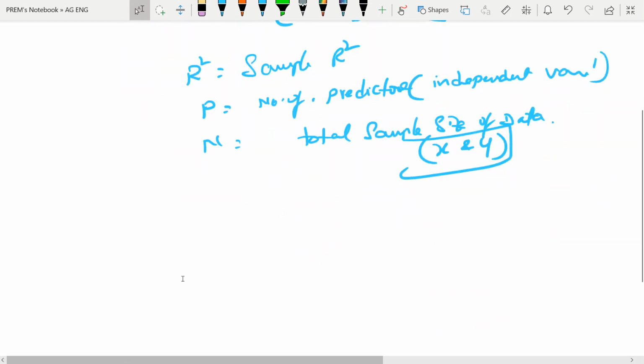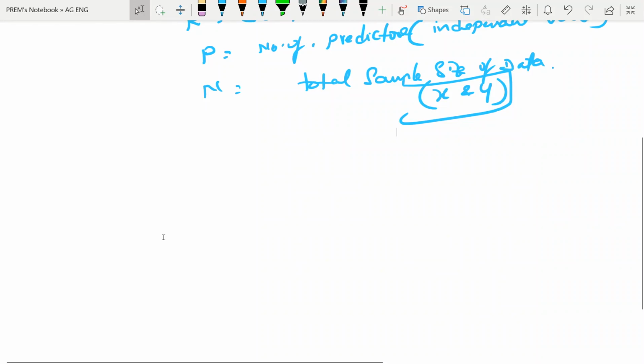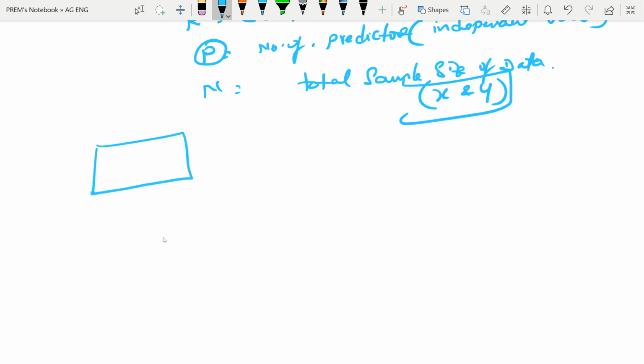So what is the purpose of the adjusted R square here? Here p is the number of independent variables. If you add independent variables to the data set, like the age feature, and they are correlated to the target variable, then the adjusted R square will increase.